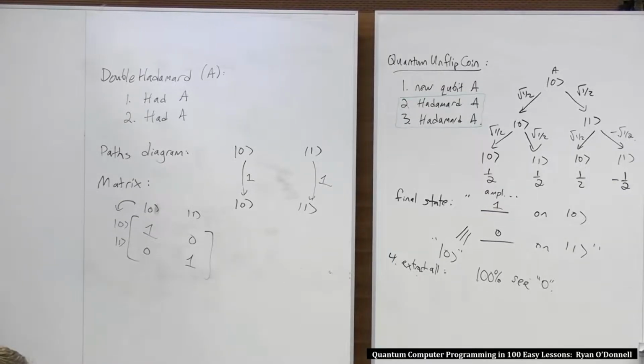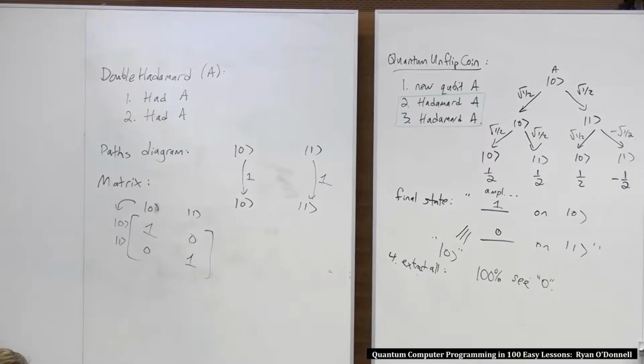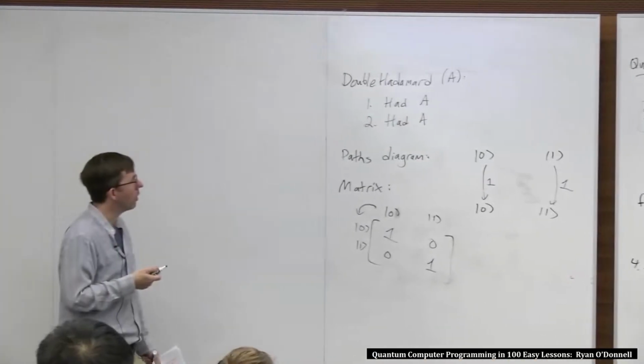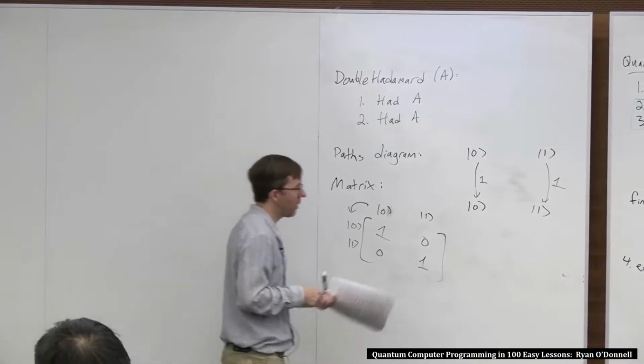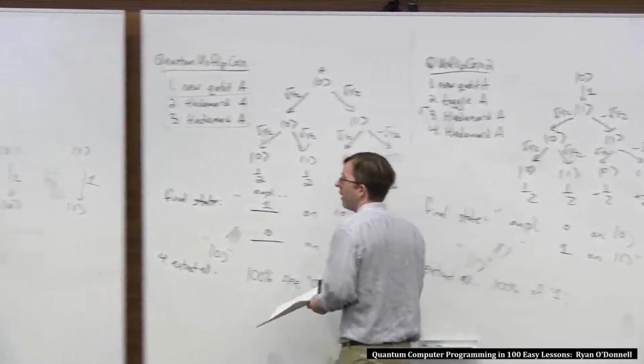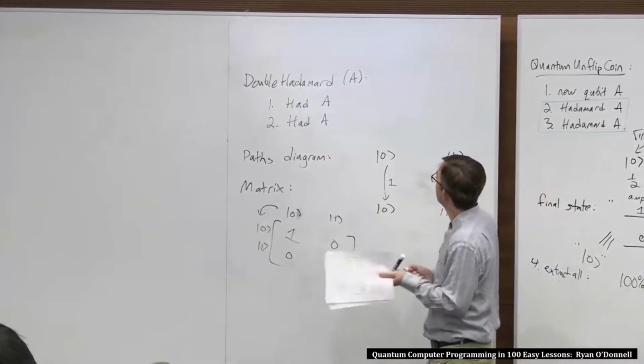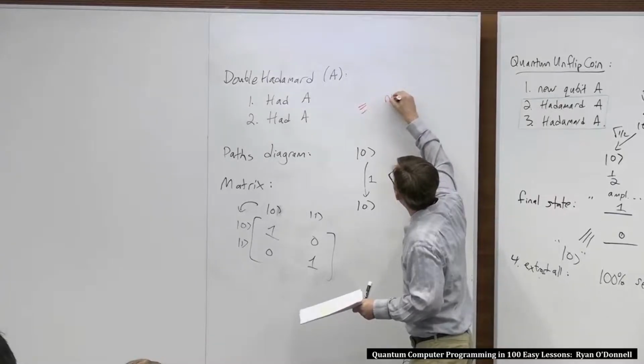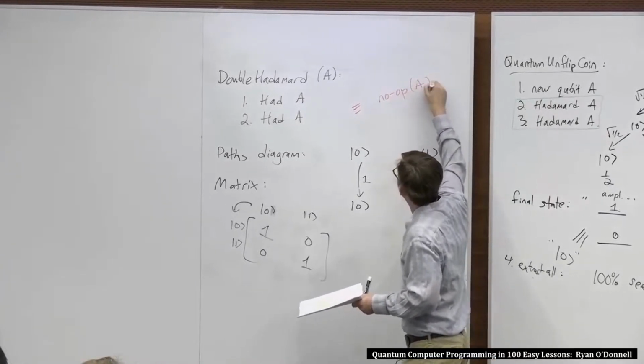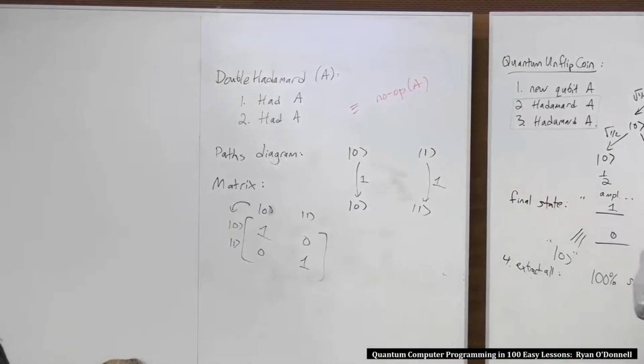And this is the path diagram you would draw for another instruction, or you might rather name this instruction no op. This is the instruction that does nothing. So this is really equivalent to no op on A. Just nothing changes.